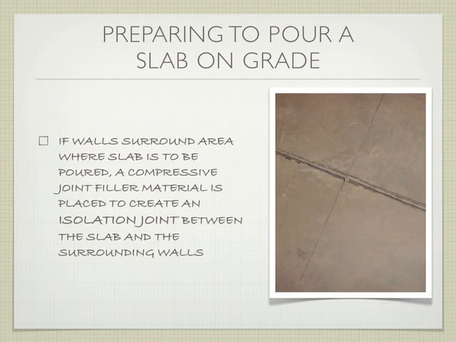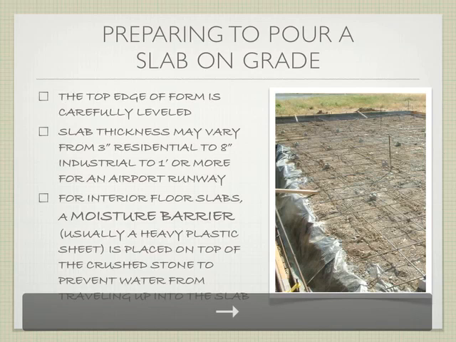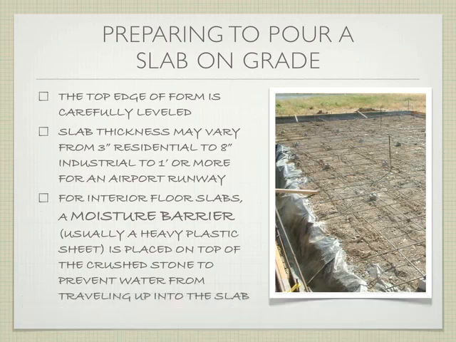building were erected, okay? So the top of the edge of the form obviously has to be very carefully leveled, right? You don't want to put your forms in haphazard and have a sloping floor, unless there is an intent to have a sloping floor. So, for example, if you've been in your garage, chances are your garage, if you have a garage, has a slab, and chances are it slopes slightly from the back of the garage to the front of the garage, depending on which way you're thinking about it, right?